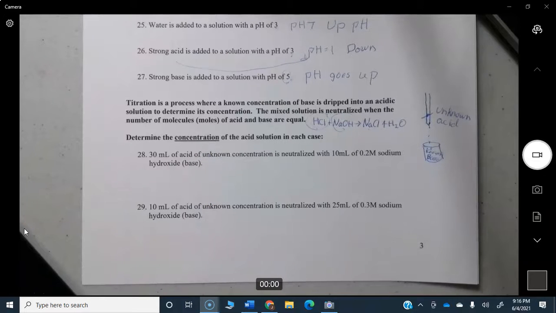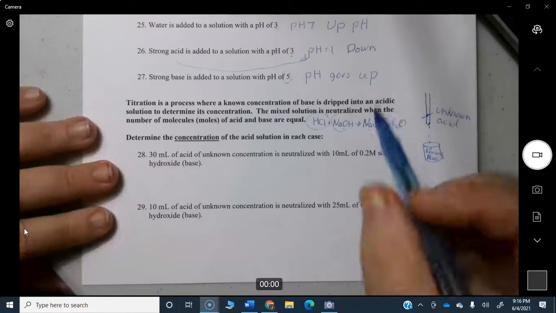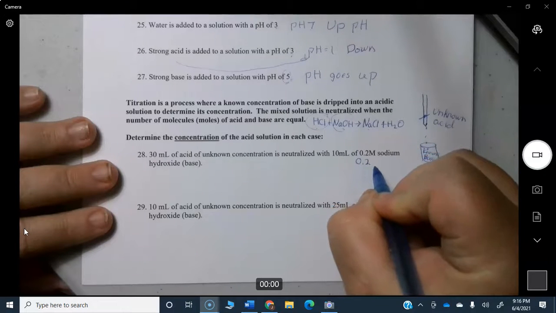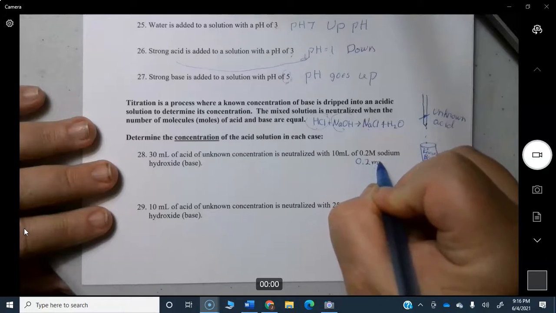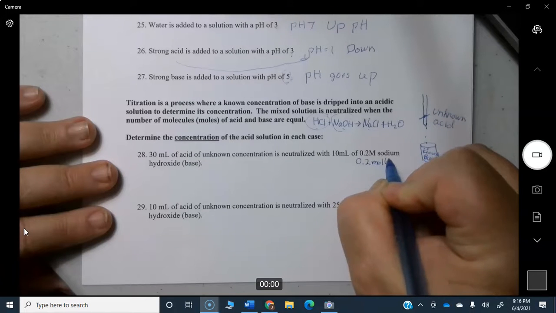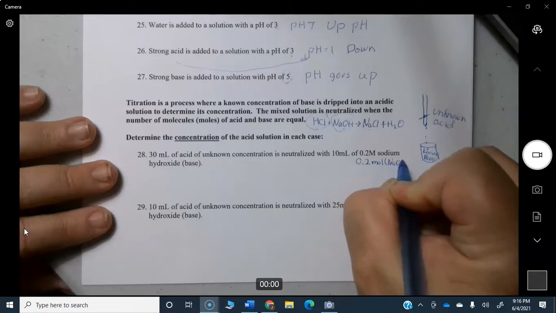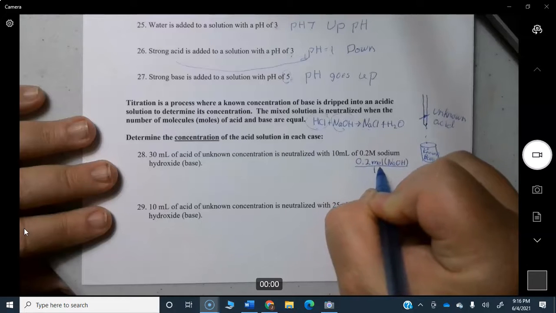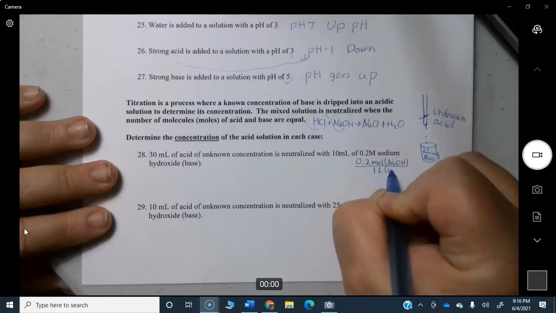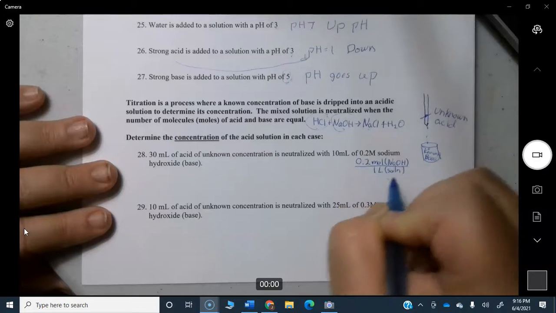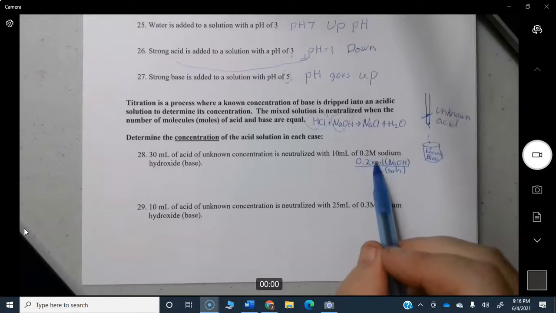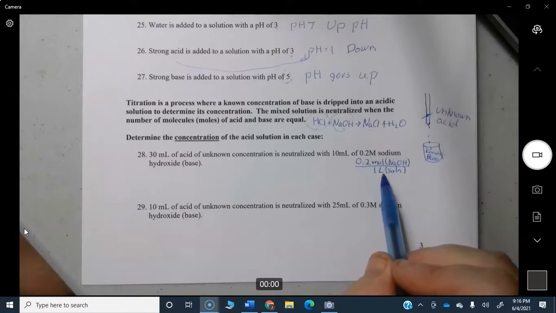Okay, so to do this problem, you have to realize that 0.2 molar sodium hydroxide means 0.2 moles, remember what molar means, of NaOH, that's sodium hydroxide, for every 1 liter of the solution. Okay, so you notice that molarity is defined as moles per liter. Okay, we did that back when we were doing solution stoichiometry.